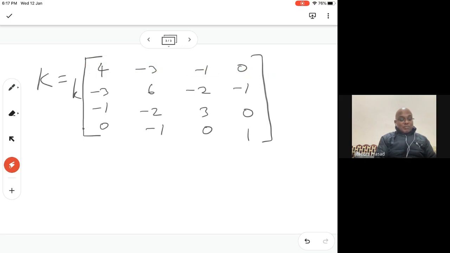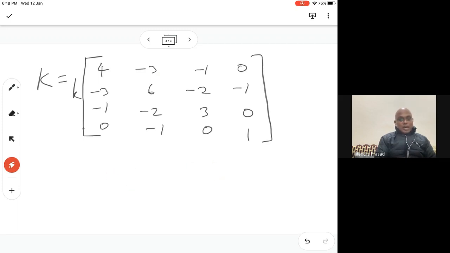So 4 minus 3 minus 1 plus 0 will be equal to 0. You add all the terms, it should be equal to 0. This tells you that the summation of all the forces will be equal to 0.